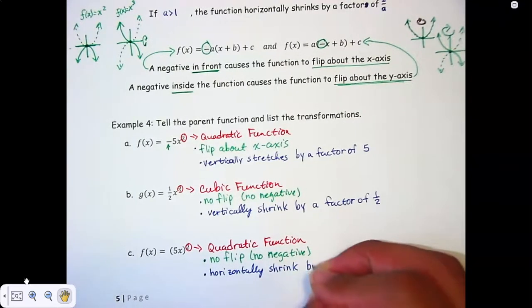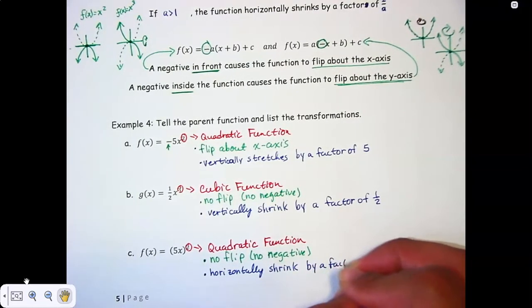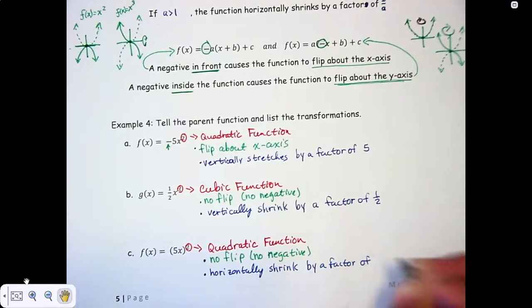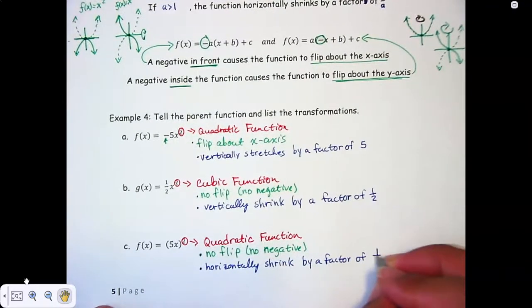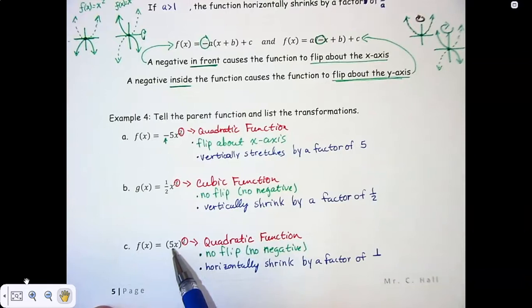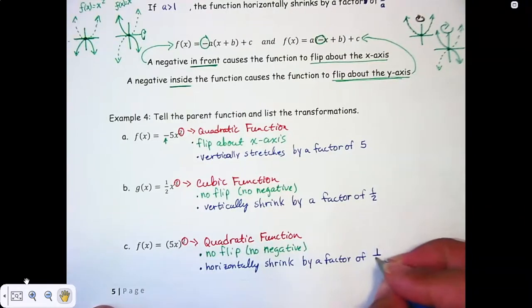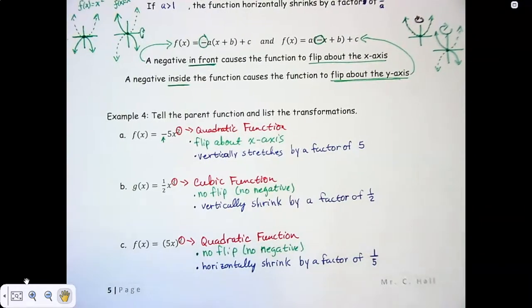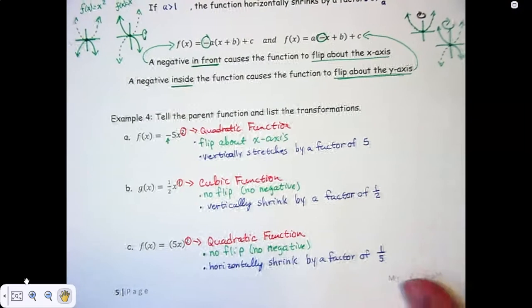And we're going to say by a factor of 1 over a. So here a is 5. So that's 1 over 5. So see, it's not that bad. It's still something you have to remember, but it's not that bad.